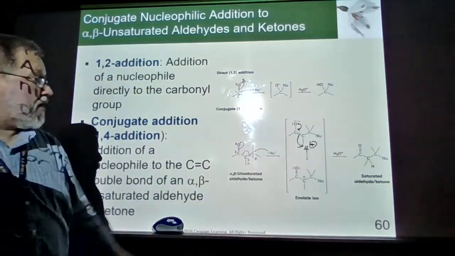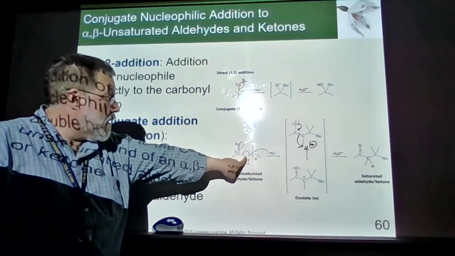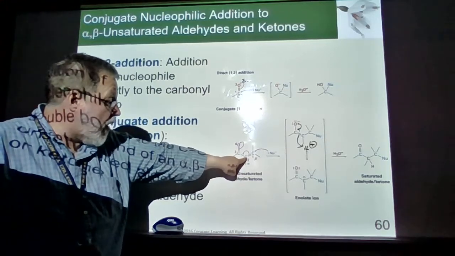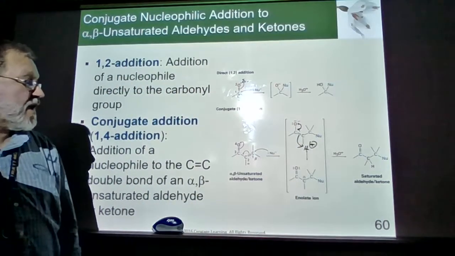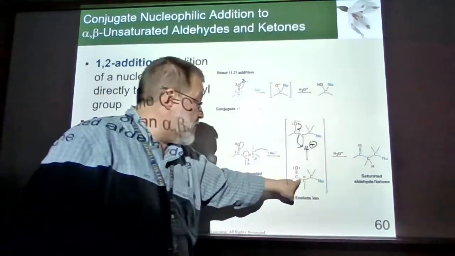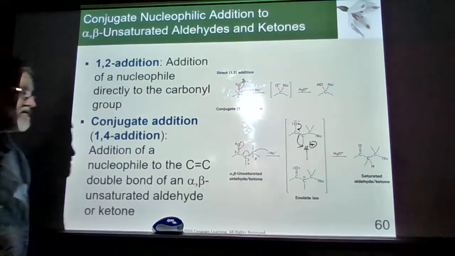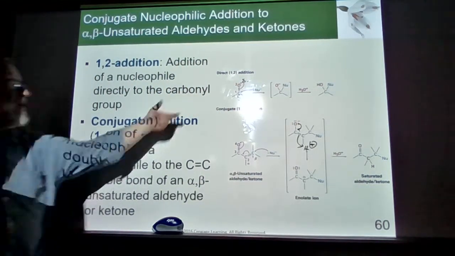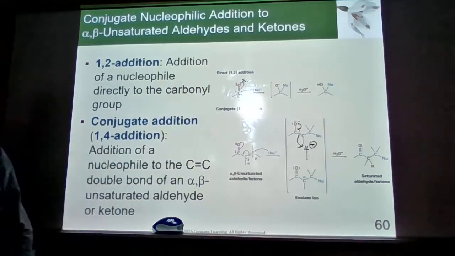Or the nucleophile could attack and place the carbanion or the electron pair on that carbon itself, giving you what's known as the enolate anion. This could pick up an H plus and get you to the same point. So you can have either direct 1,2 addition or what we know as conjugate 1,4 addition.